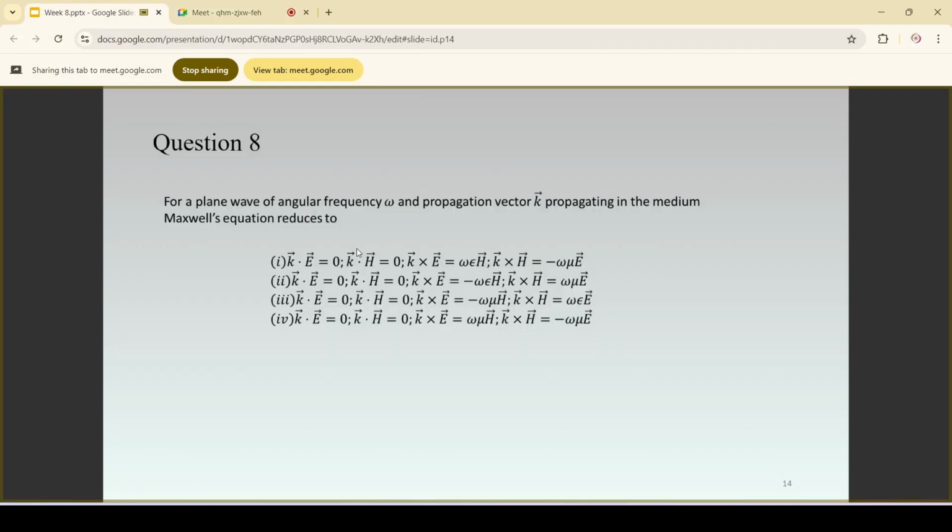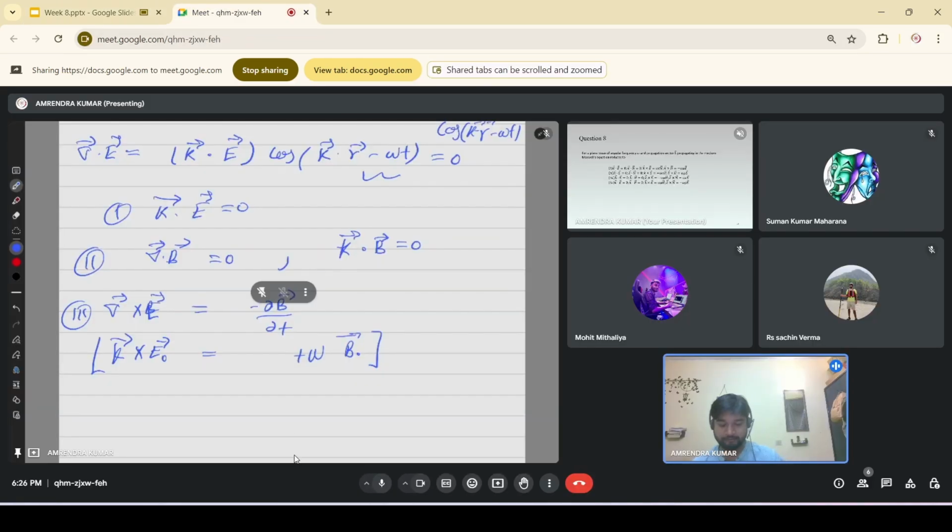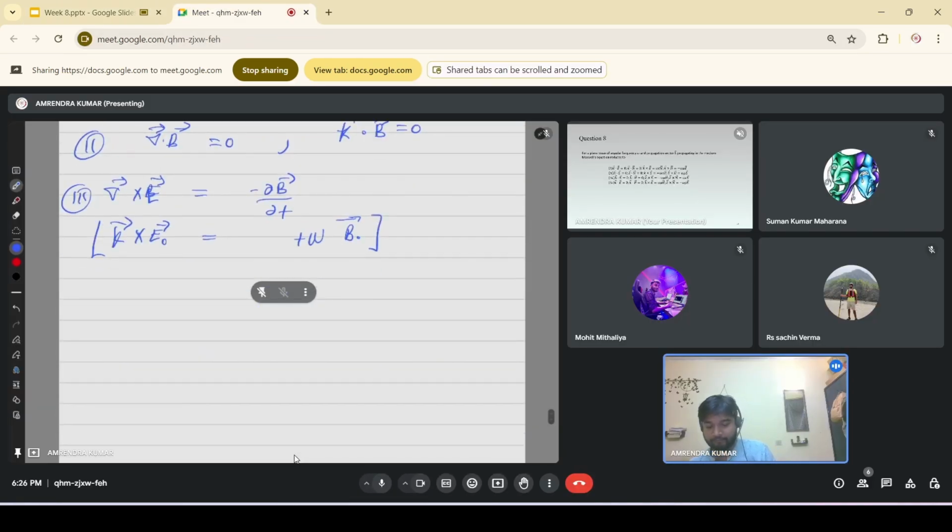Now the next thing is we have to also prove the other one. So for the other one, it will be like the fourth one. It is del cross B. It's a source free term.